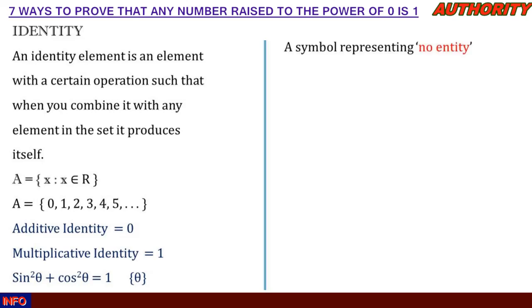Now let's go. What is a 0? 0 is a number. And then you discover that 0 is a symbol representing no entity. 0 is a number. Yes, it is a number. And in another sense, 0 is a symbol representing no entity. You get it? When they say 0, 0 is a number.